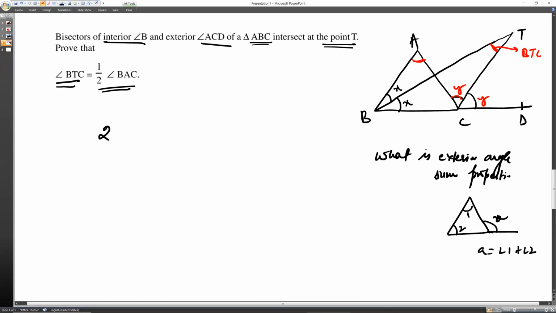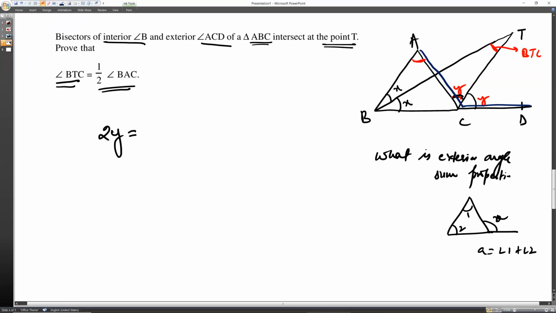This whole angle, if this one is Y, I'm just making it with a different color. So if it is Y, this will also be equal to Y. Both are equal, so the whole angle will be equal to 2Y. So I will write 2Y.